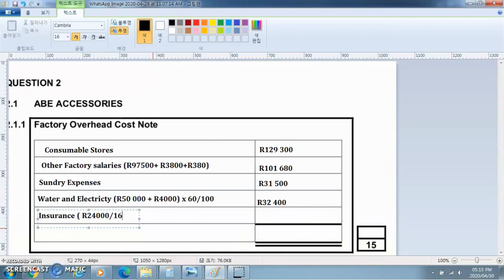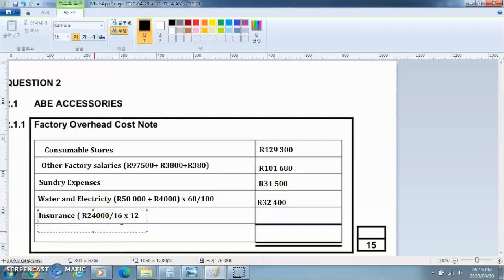In your calculator, you should get 1,500.